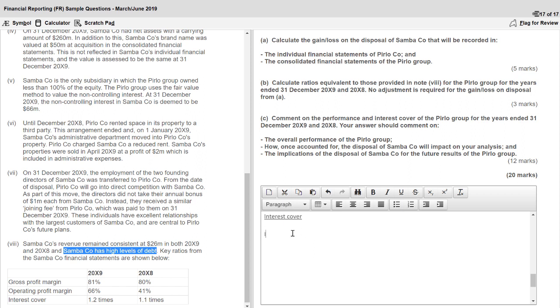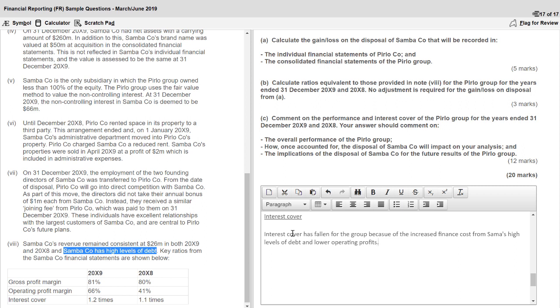Okay, so what have we got? Interest cover has fallen for the group because of the increased finance cost from Samba's high levels of debt and lower operating profits.